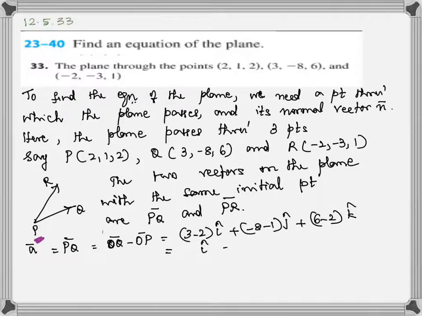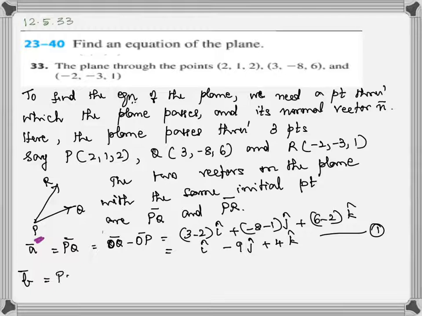This is vector A, which is i minus 9j plus 4k. So we take 3 minus 2, -8 minus 1, and 6 minus 2. We'll call it 1.